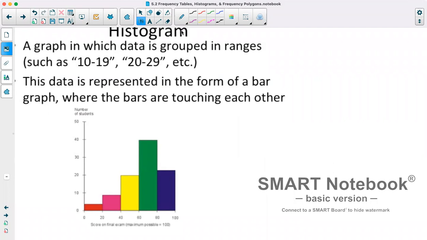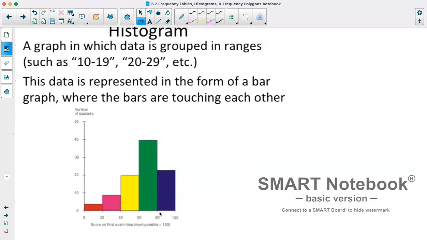However, instead of representing just one thing at the bottom of a bar graph, in a histogram the bottom represents a range of numbers. In this case, we have a graph of scores as a percent on a final exam: 0 to 20, 20 to 40, 40 to 60, 60 to 80, 80 to 100.